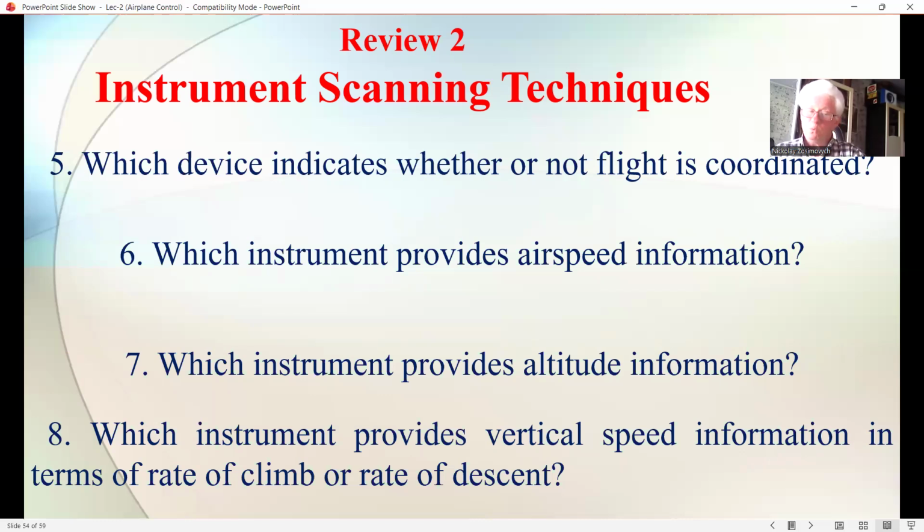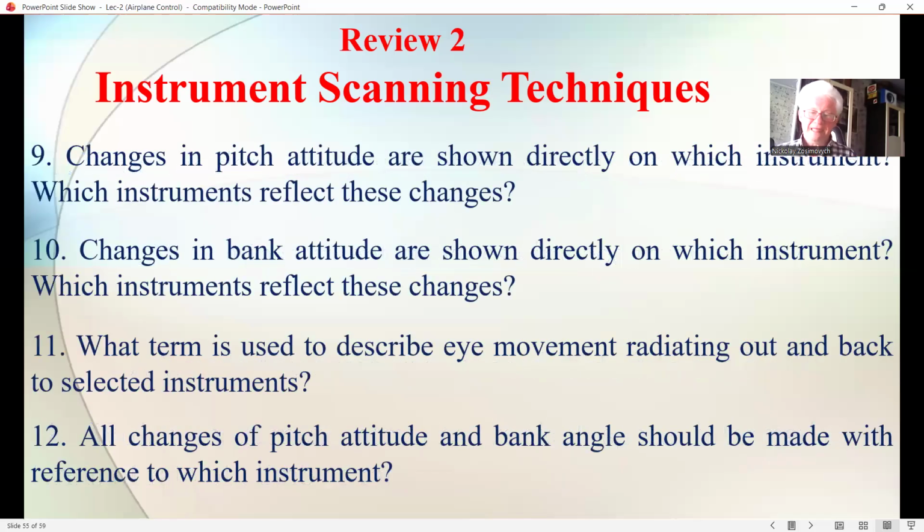Which instrument provides vertical speed information in terms of rate of climb or rate of descent? Okay, next question. Number 9. Changes in pitch attitude are shown directly on which instrument? Which instruments reflect these changes?